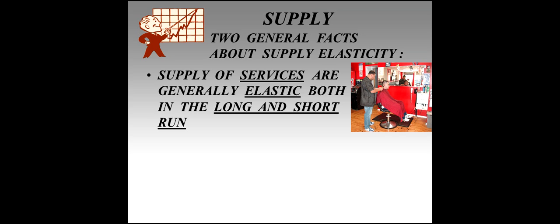If we take the example illustrated here in the picture of a barber, if for some reason a barber cannot get a certain price for the haircuts that he or she is offering, and I say a certain price that would allow them to cover their costs as well as make a reasonable return, they will probably, based upon opportunity costs, go to some other line of work and stop offering haircuts.